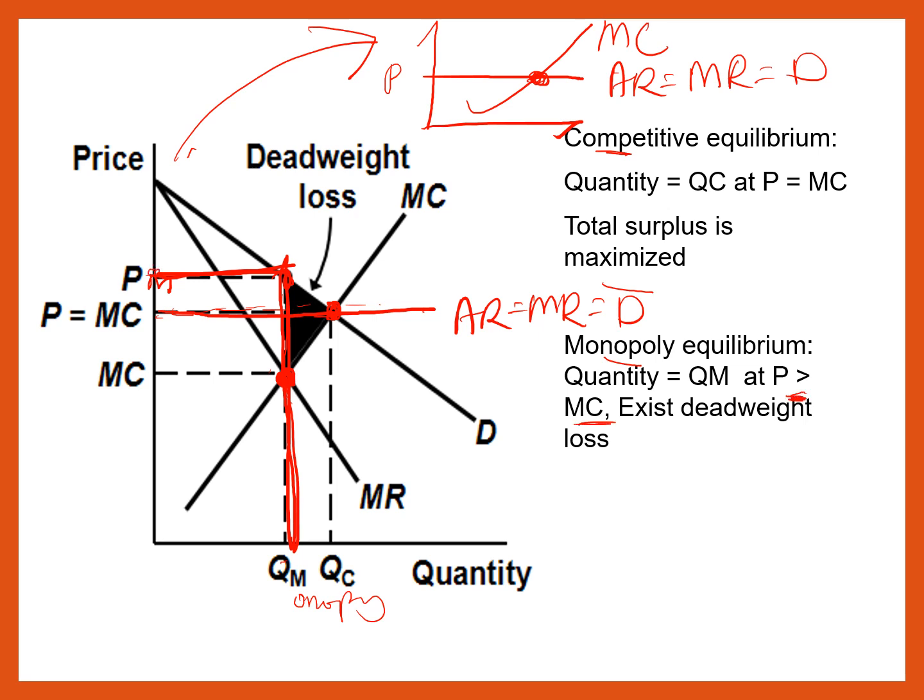So this is P, and this is your MC. Or P is bigger than your MR from earlier. So here the deadweight loss will occur. This is the deadweight loss area, which means that both sides will not enjoy any benefit because of the deadweight loss here.